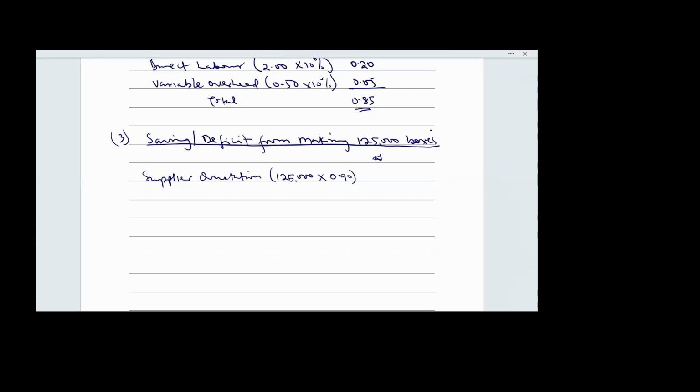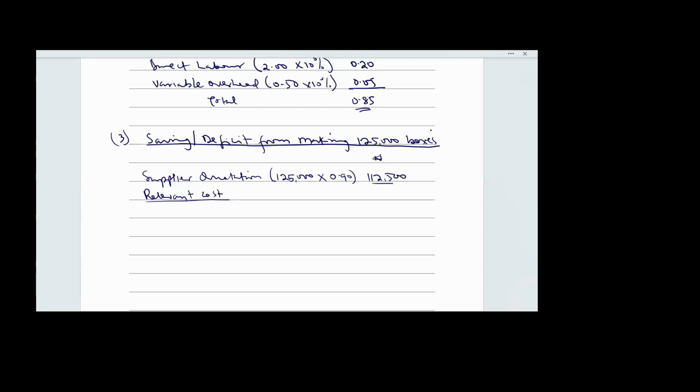So what's 0.9 of 125,000 boxes? What do you get? 112,500 naira. So that represents the total supplier's cost. So I need to compare this with the relevant cost of making the 125,000 boxes.